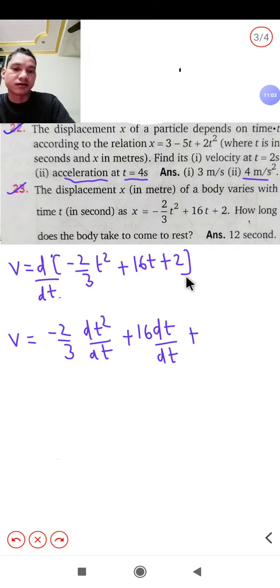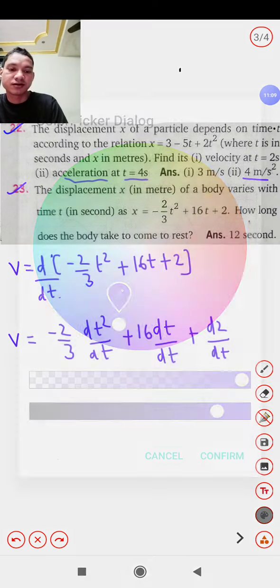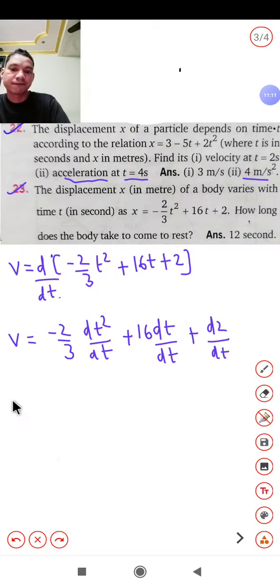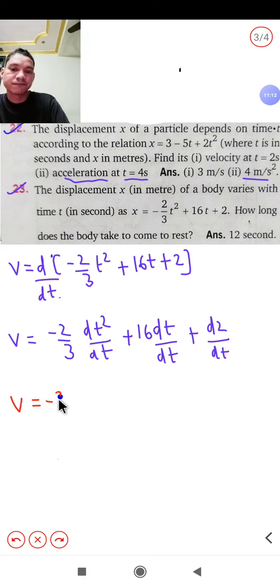And differentiation of constant is 0. This part will become 0. So we know that this 2 will come in front and its value will decrease by 1. So only one t will remain here. This will become 1 and this will become 0. No need to write that. 2 into 2, 4.